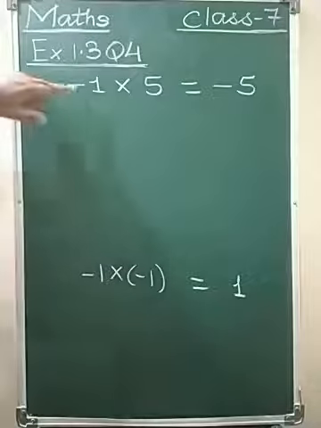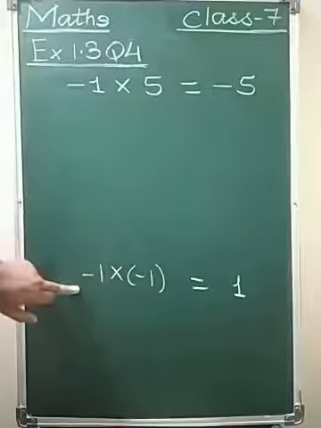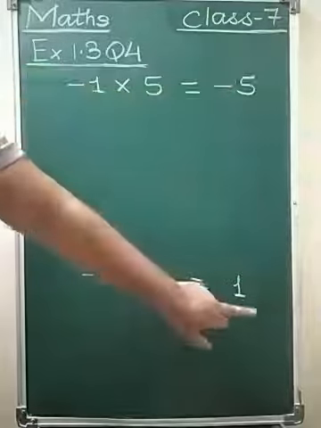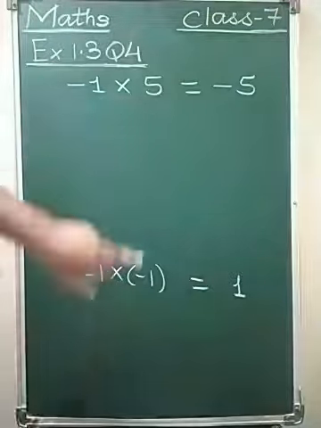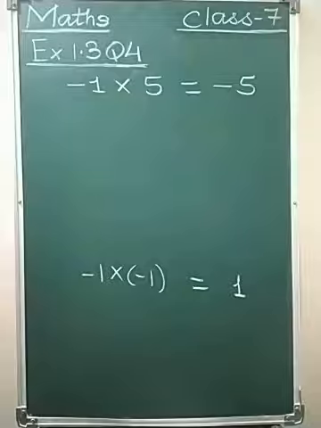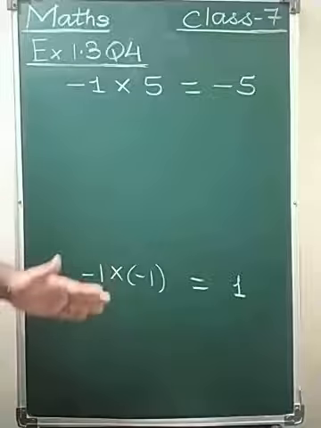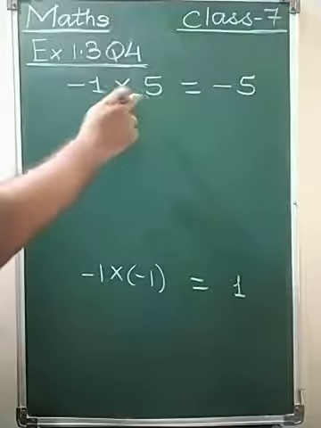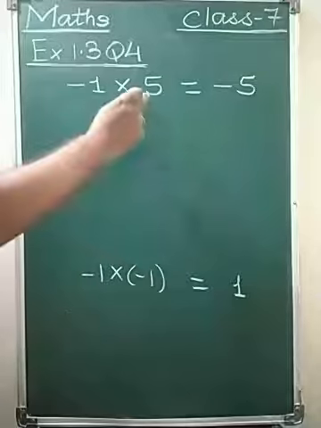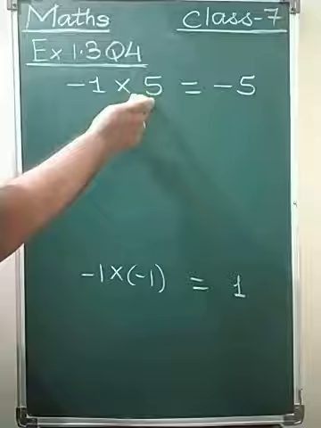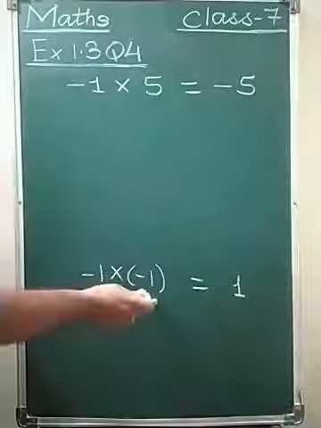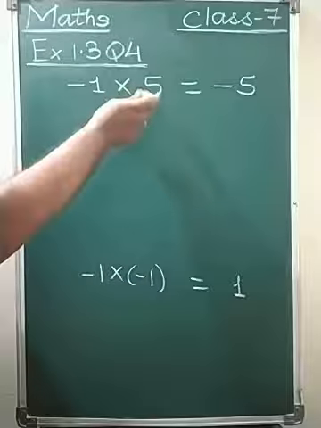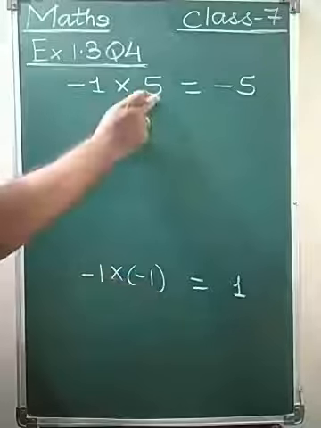So you can see minus 1 is common here, and here minus 5 is there, here 1 is there, here 5 is there, minus 1 is there. Okay, in between we have to fill up the spaces and show a pattern. Now here we can see minus 1 is common, so from 5 we have to go to minus 1, that means we go in descending order, from big to small.